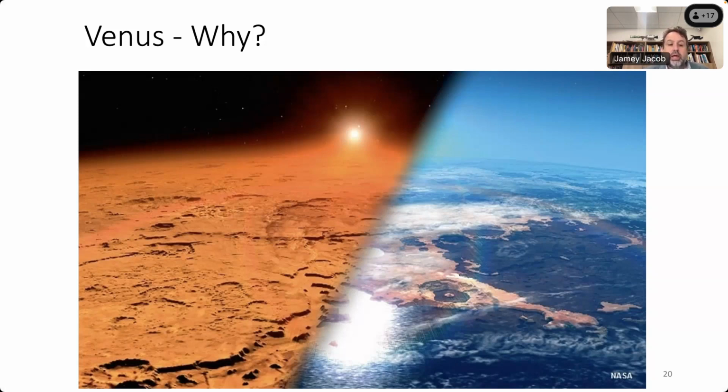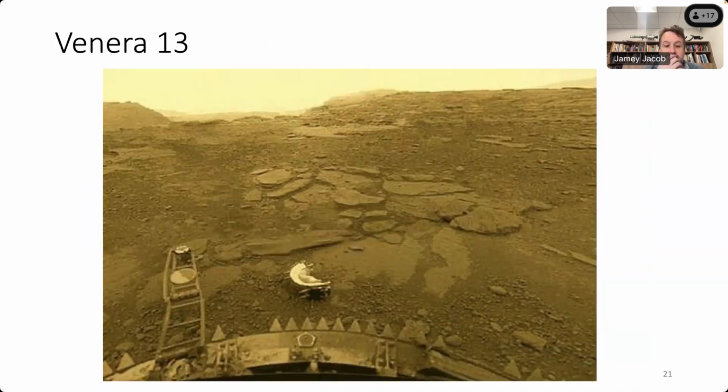It has a runaway greenhouse effect. So from a scientific standpoint, this is great to study because it's a potential worst case scenario, right, for where Earth might be headed in the future. So understanding Venus and its dynamics is really important to understanding more about the Earth itself.